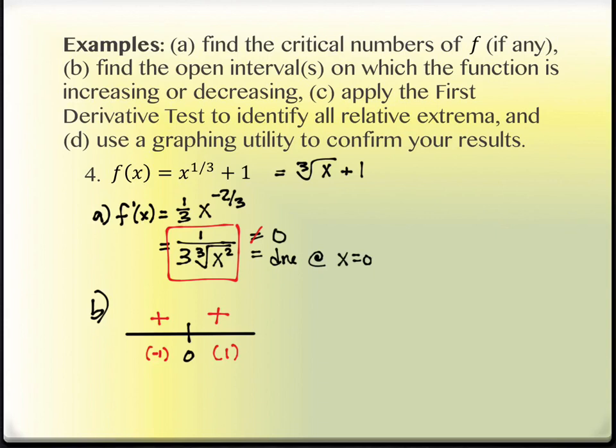So this one is, in fact, going to be increasing from -infinity to 0, and again, from 0 to infinity. Now remember, we talked about the fact that we have to put the 0 in and not include it. The ones that we looked at last time where I mentioned it because we had this location where it had an asymptote.